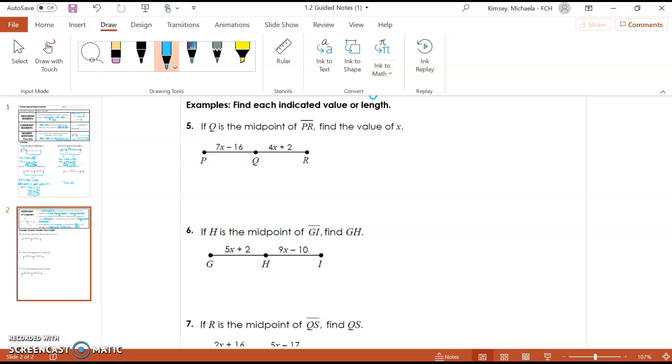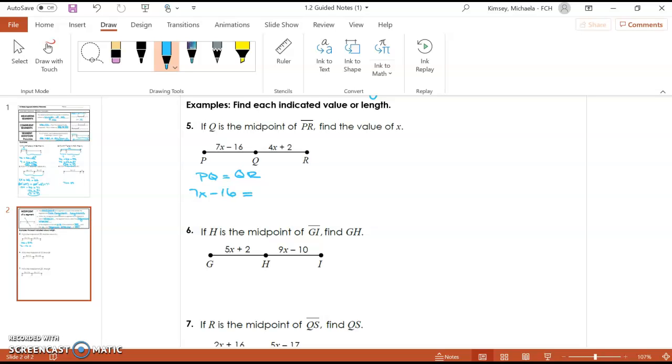So if Q is the midpoint, that means that these 2 segments right here are congruent to each other, right? Because they're cut directly in half. So we have our equation, which is going to be PQ is equal to QR. And then we know that PQ is 7x minus 16.